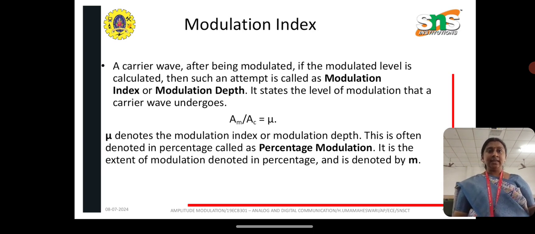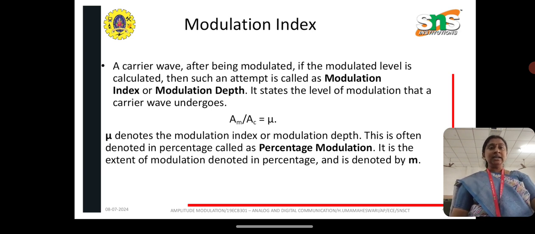It states the level of modulation that a carrier wave undergoes, where mu is the modulation index or modulation depth. It is the amplitude of the modulating wave divided by the amplitude of the carrier wave. This is often denoted in percentage, called percentage modulation.